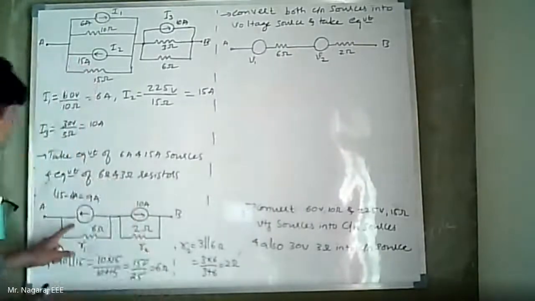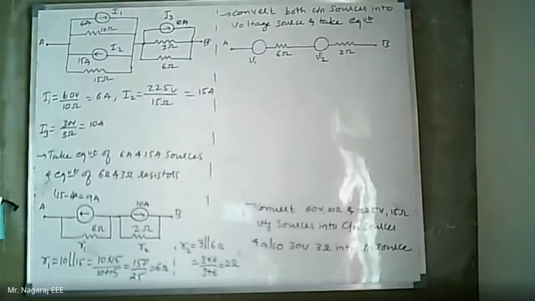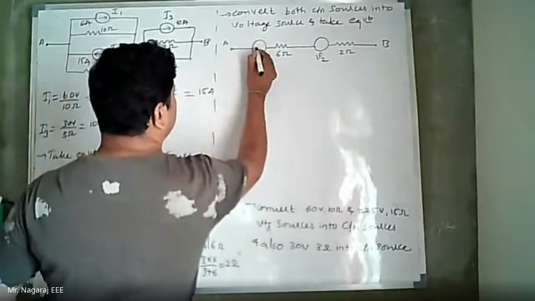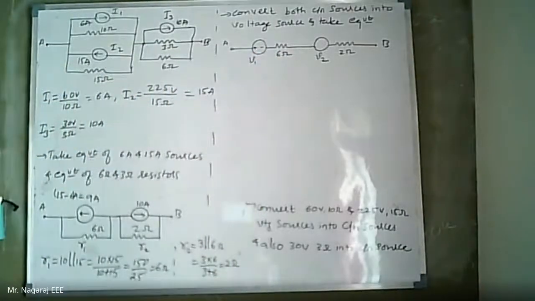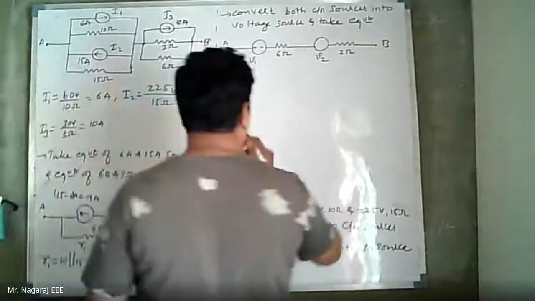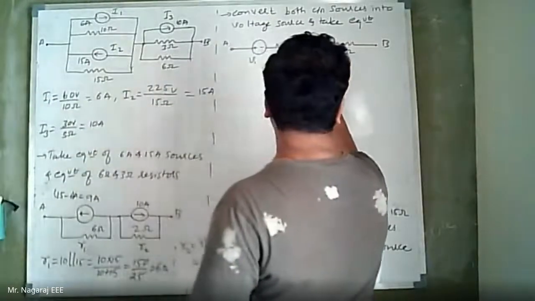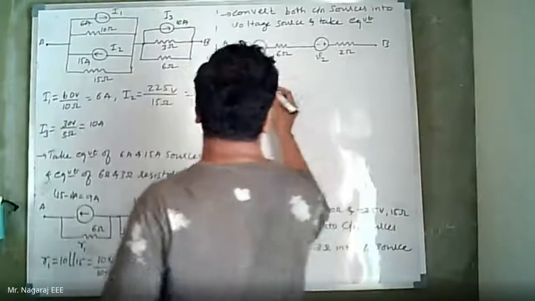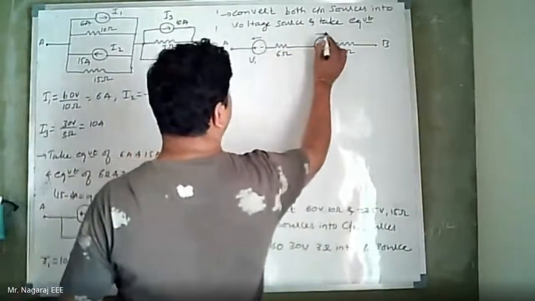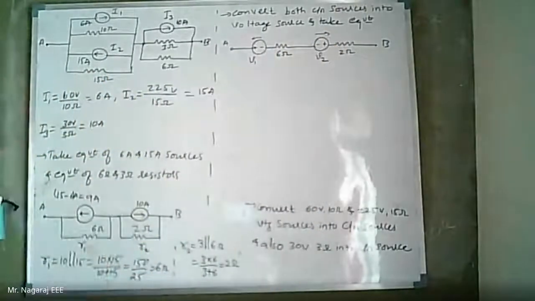Now direction of V1 is the direction of 9 ampere source. So 9 amperes from right to left, therefore right will be positive terminal, left will be negative terminal. 10 amperes will be from left to right. Left will be negative terminal, right will be positive terminal. So the direction of potential difference is like this.